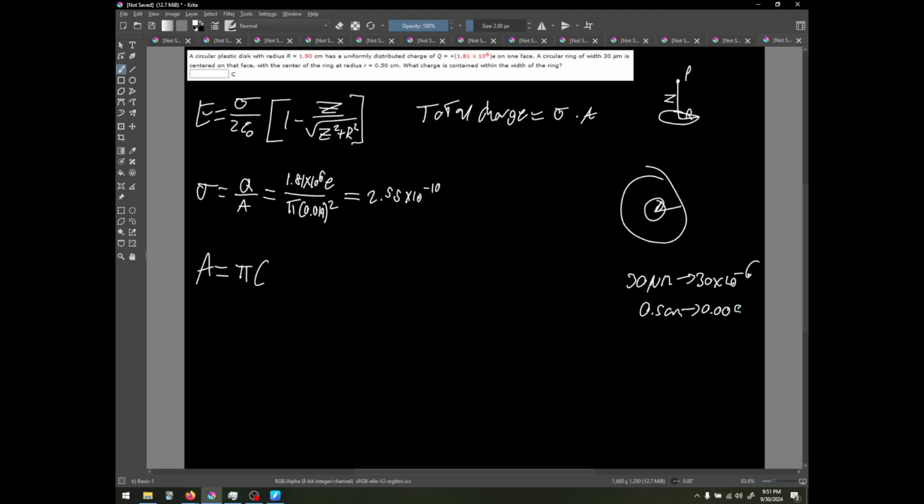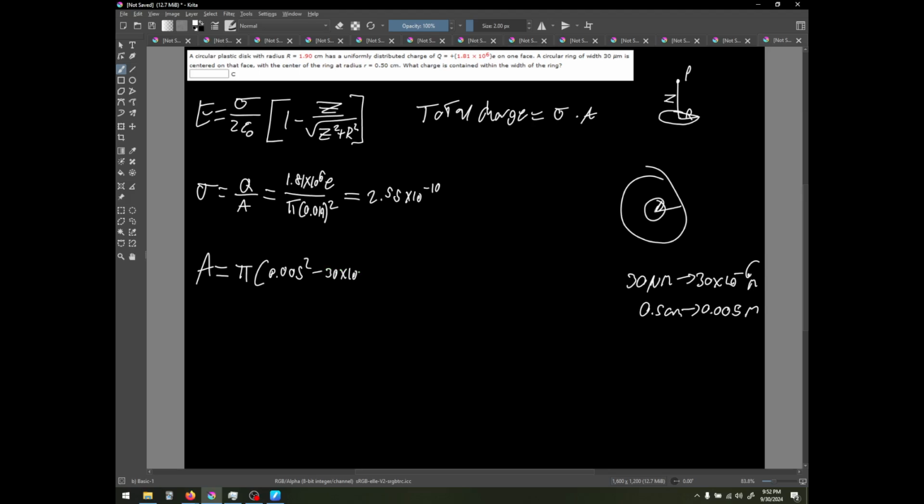No, 0.005 meters. Safe to say that this is the outer and that's the inner, right? That's much, much smaller. So outer radius is going to be 0.005 squared minus, outer minus inner. Yeah.